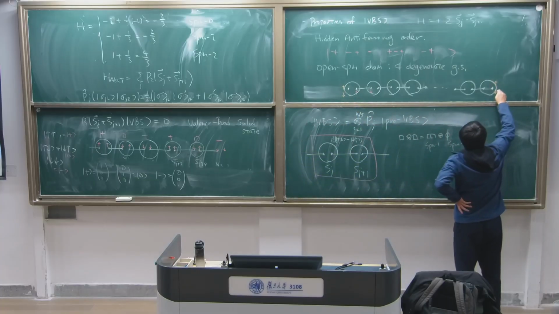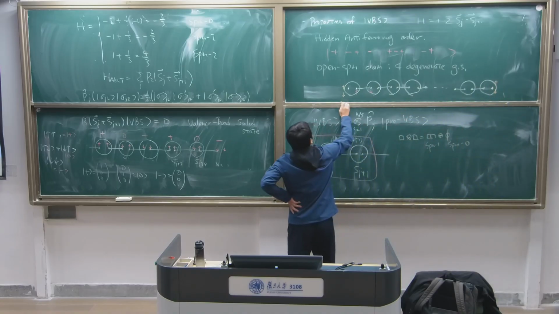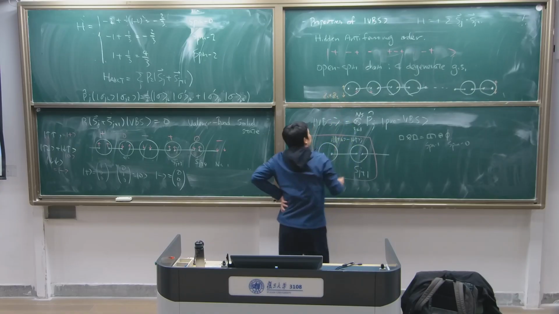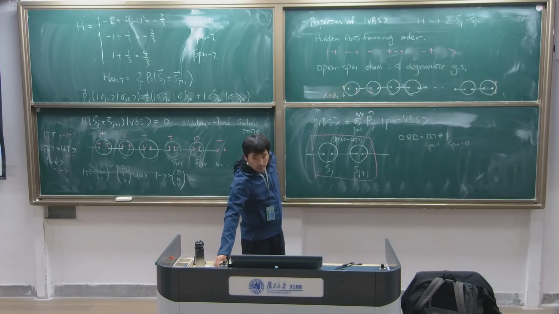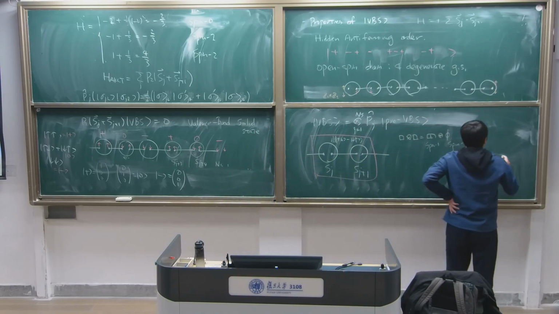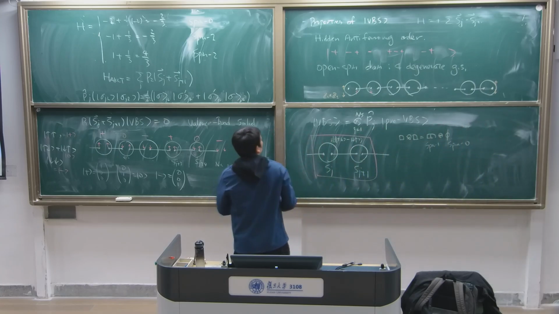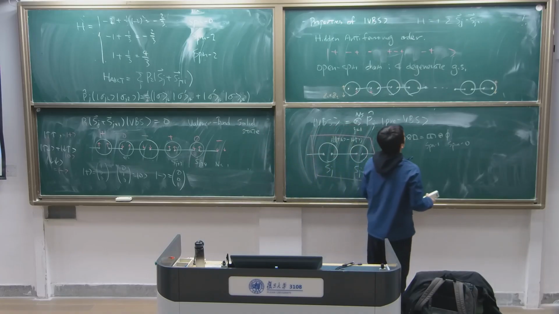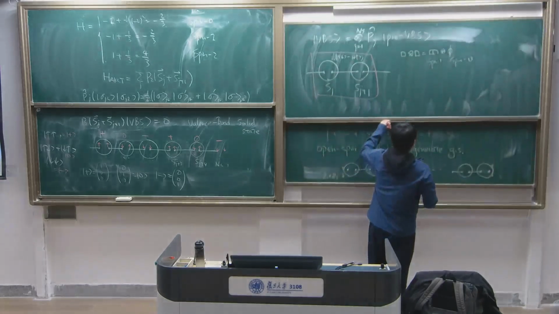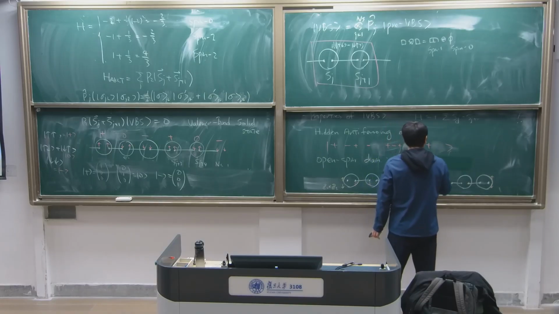So here you have the spin-1/2 times spin-1/2 degrees of freedom, plus minus. Therefore the open spin chain has 4 degrees of freedom.